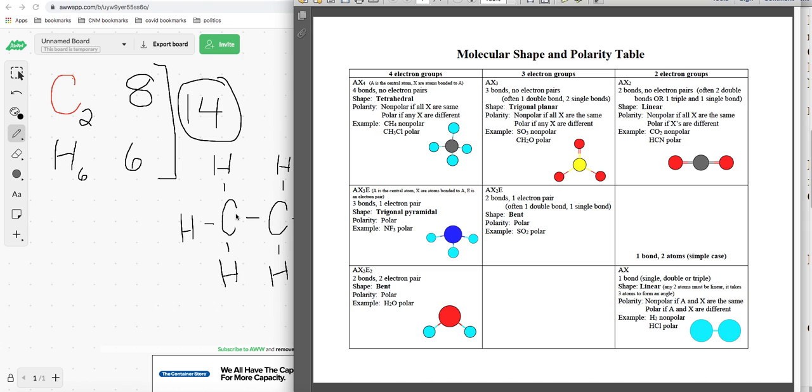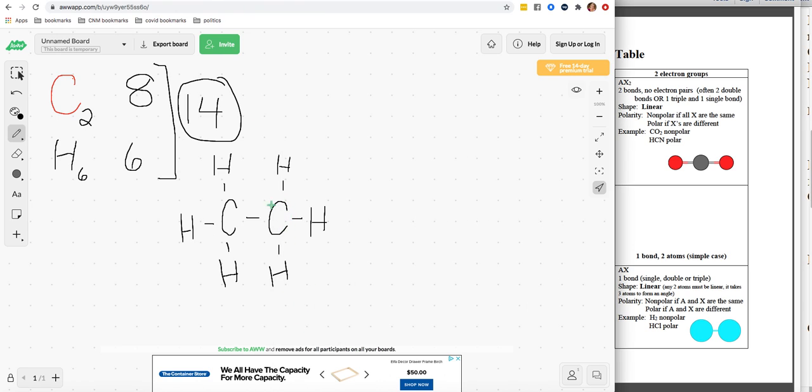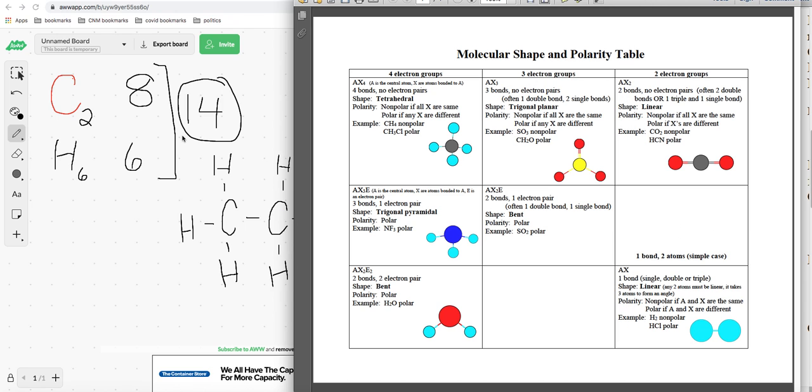And so what you would really say is that this carbon is tetrahedral and this carbon is also tetrahedral. And since everything attached to it is hydrogen, so they're all the same, then it would be nonpolar. If any of these hydrogens got changed to, say, fluorine or chlorine or some combination in there, then it would be polar. So that rule works the same way for this one.